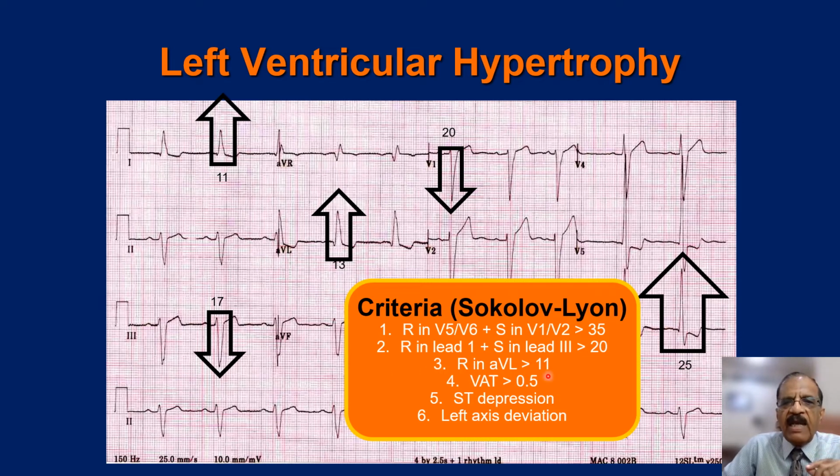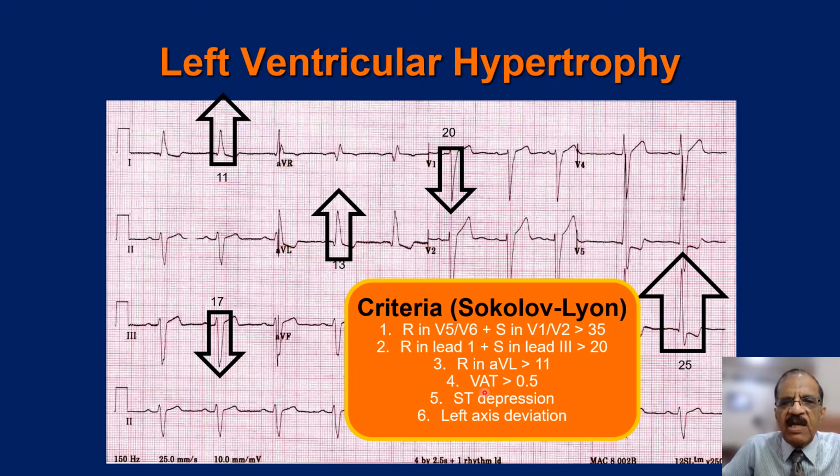Then R in AVL, if this one is more than 11, another criteria is met. The more the criteria are met, the more definitive the diagnosis will be. You can of course make the diagnosis even if one of these three criteria is met, but if more criteria are met, then there will be a more definitive diagnosis.